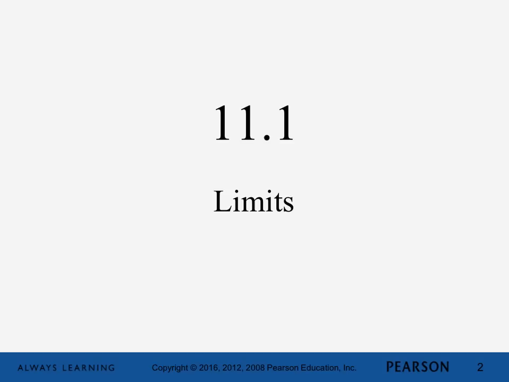A limit in ordinary everyday terms, not a mathematical term, is, for example, let's suppose you were going to train for a marathon. And you're not a marathon runner. I certainly am not. So I might start out by trying to run every day, and I might see how long it takes me to run a given distance.